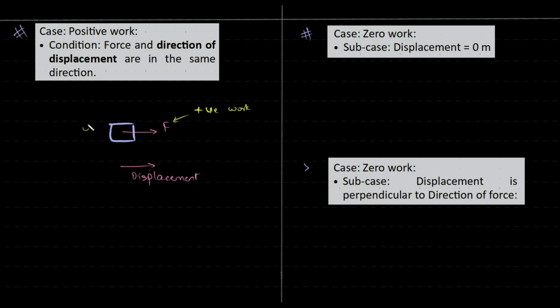If a person is pushing it, the person is said to have done positive work. If a machine is pushing it, the machine is said to have done positive work. Or if something is pulling it, that particular force is said to have done positive work.